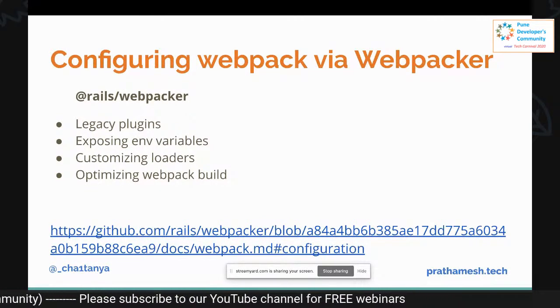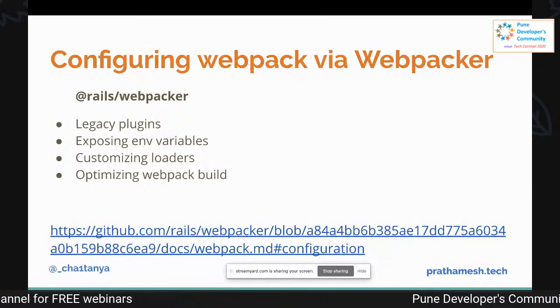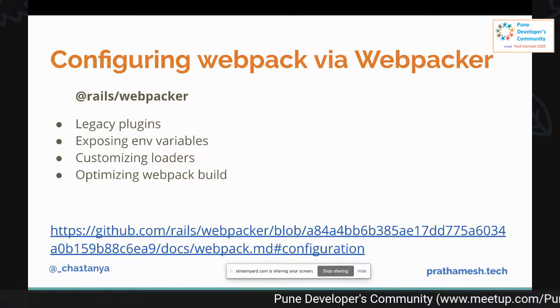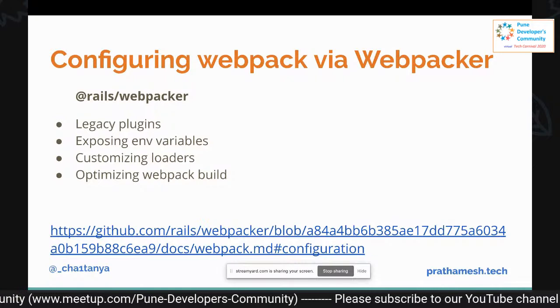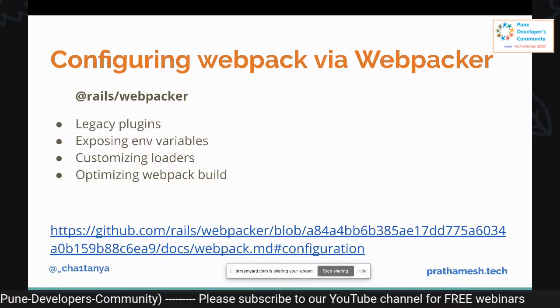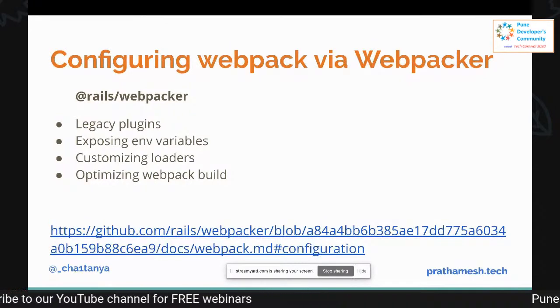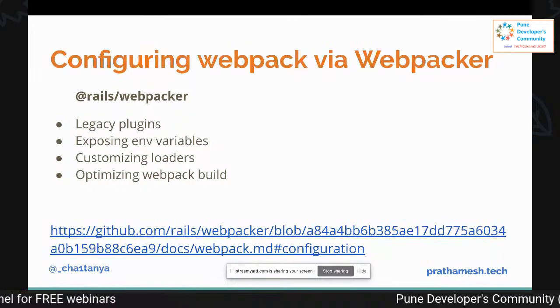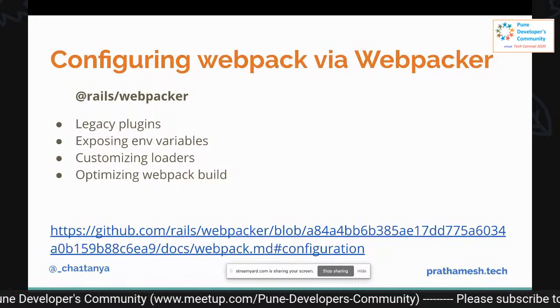But in the case of the asset pipeline, when we include jquery-rails in application.js, in every other file the jQuery variable is automatically available because it is exposed on the browser's window object. So let's say you're migrating that kind of code to Webpacker. You want to expose those global variables so that all the Webpacker code doesn't have to worry about importing it.